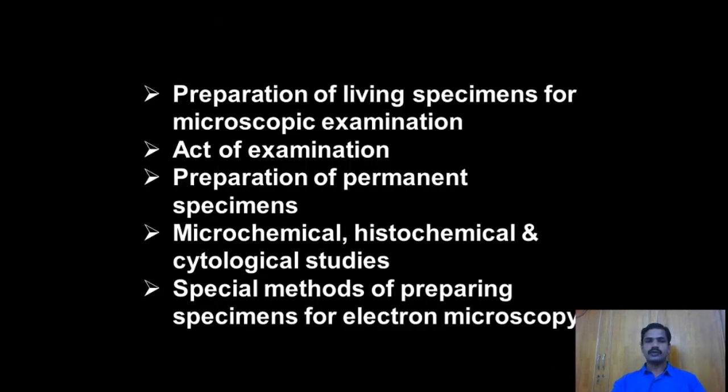The procedures involve preparation of living specimens for microscopic examination, the act of examination itself, preparation of permanent specimens, microtechnical, histochemical and cytological studies, and special methods of preparing specimens for electron microscopy.